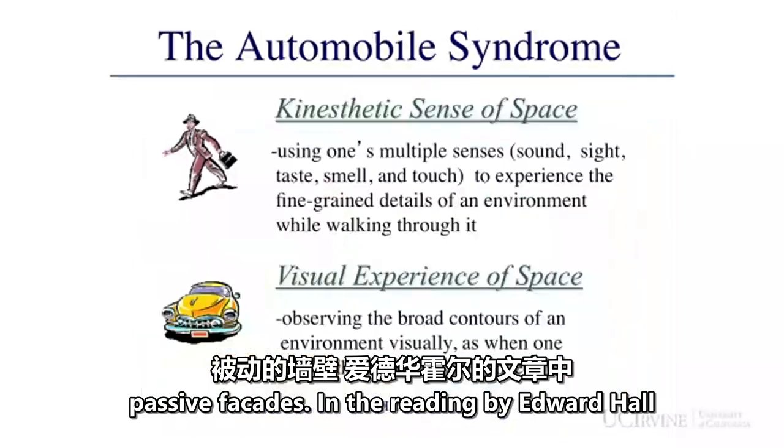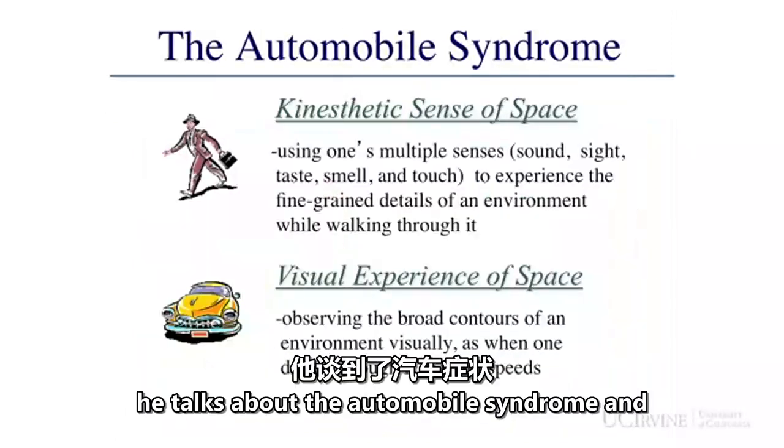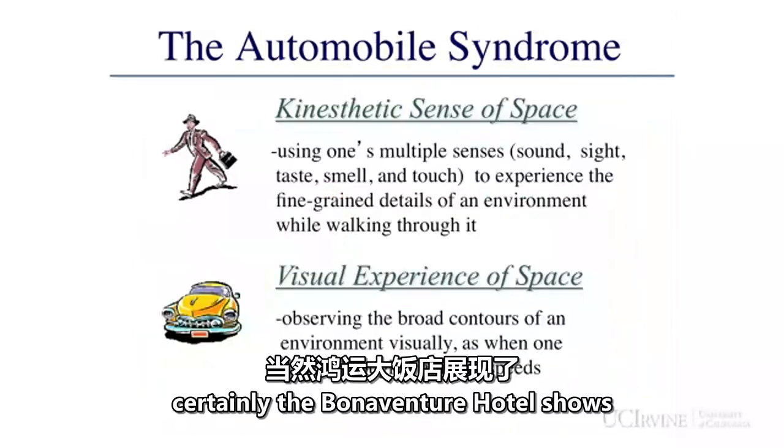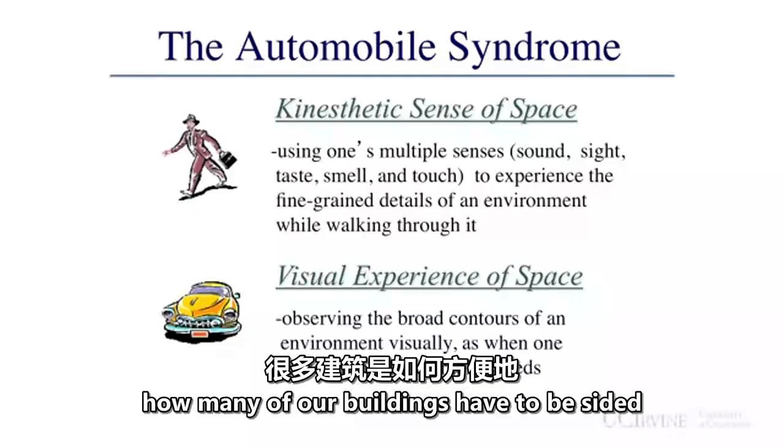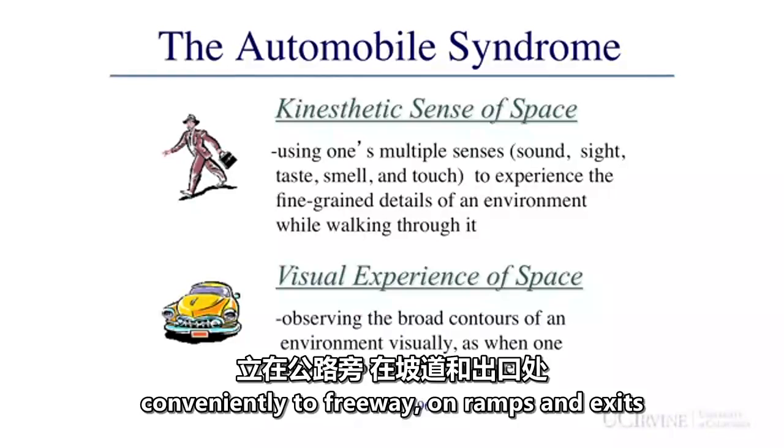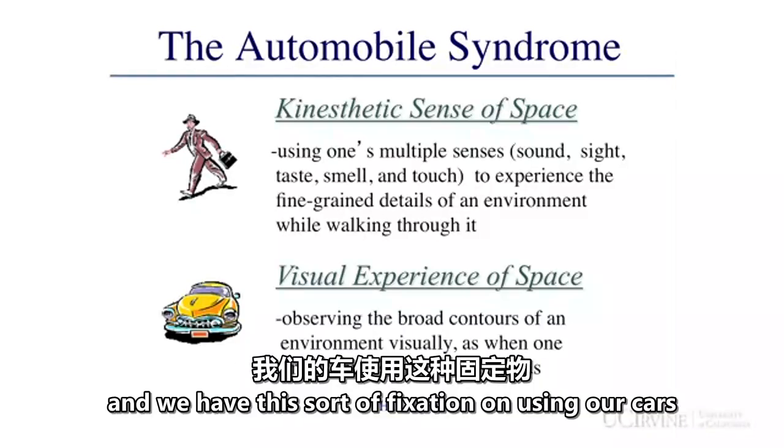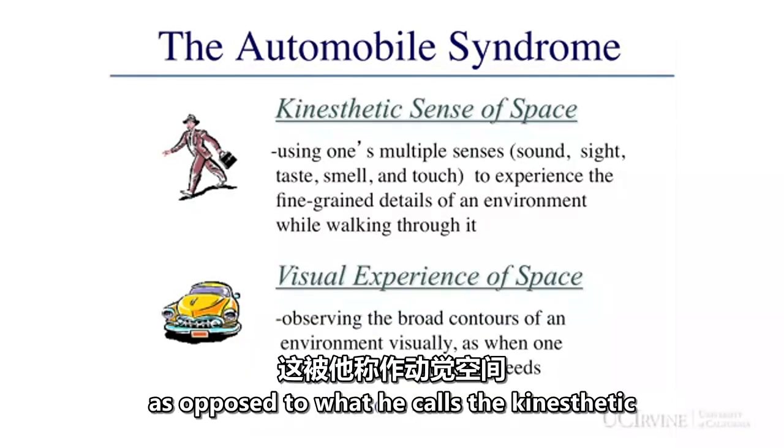In the reading by Edward Hall, he talks about the automobile syndrome. And certainly the Bonaventure Hotel shows how many of our buildings have to be sited conveniently to freeway on-ramps and exits. And we have this sort of fixation on using our cars as opposed to what he calls the kinesthetic sense of space.